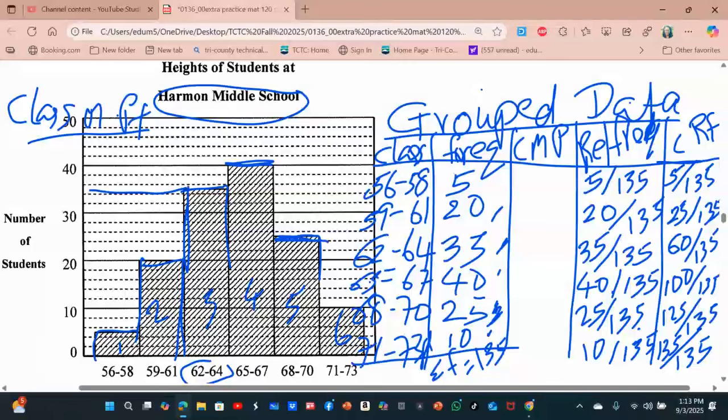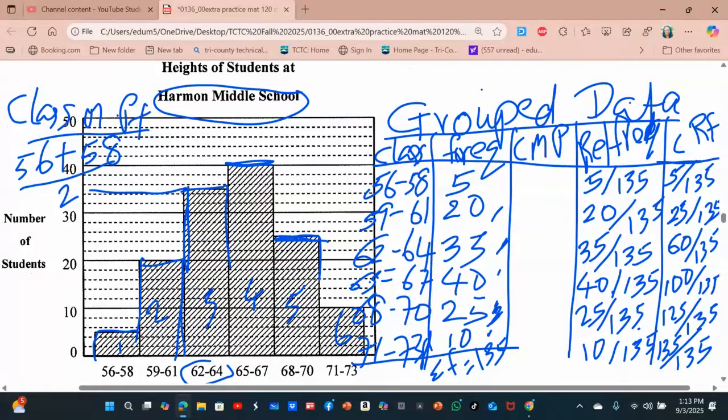So the lower class limit for the first class is 56. The upper class limit for the first class is 58. Add them together and divide by 2. So when I add this together, 6 plus 8 is 14, so I have 114. So 114 divided by 2.